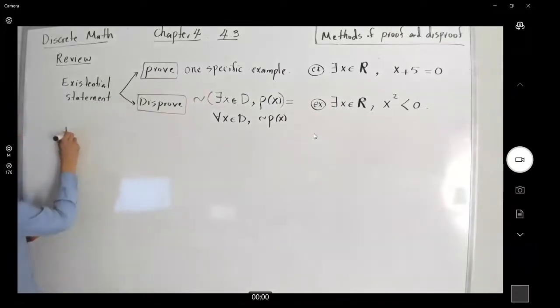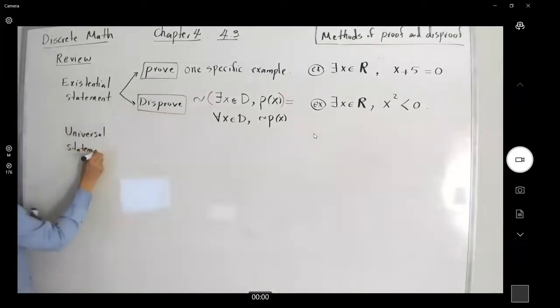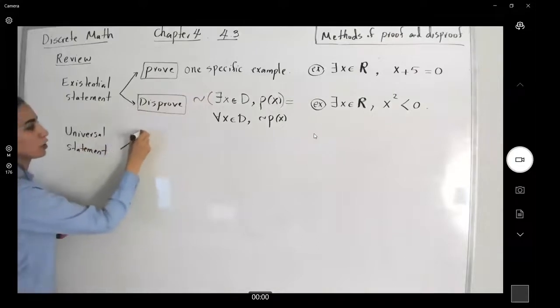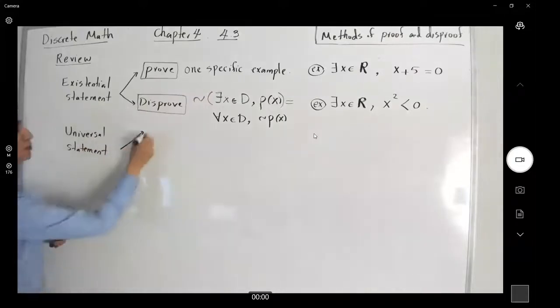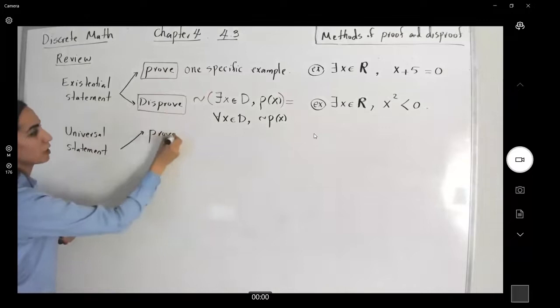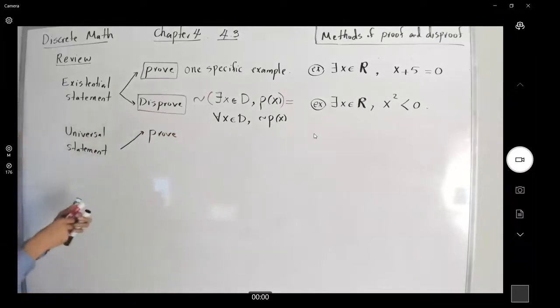For a universal statement, we either try to prove or disprove. If it is about the proof, we have two scenarios.